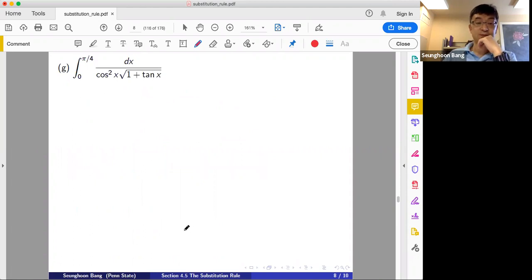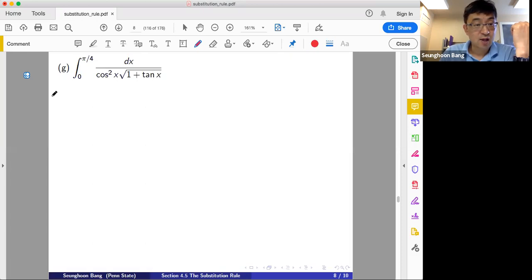The next one: integral from 0 to pi over 4 of dx over cosine square of x times the square root of 1 plus tangent x. So we don't have the anti-differentiation, so you can use u substitution.